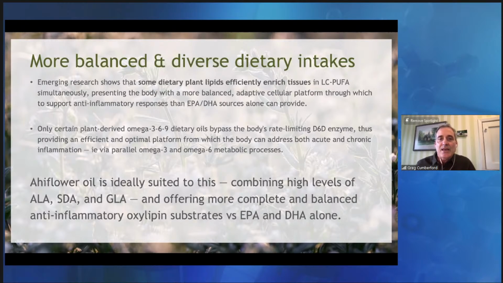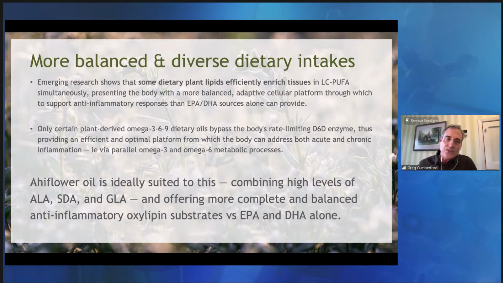And it shows that there are sources like ahi flour that can achieve that, presenting the body with a more balanced and adaptive cellular platform to support this kind of overall anti-inflammatory response than you might see if you were only looking at EPA and DHA sources.